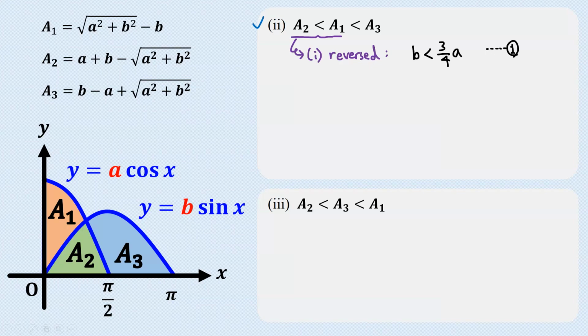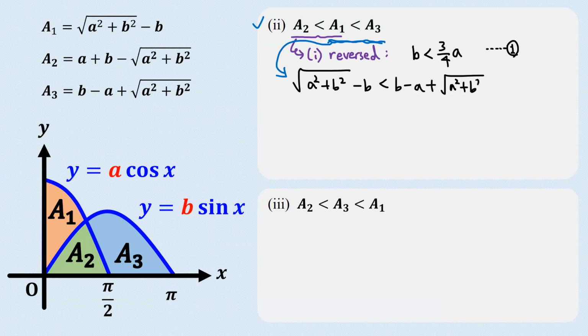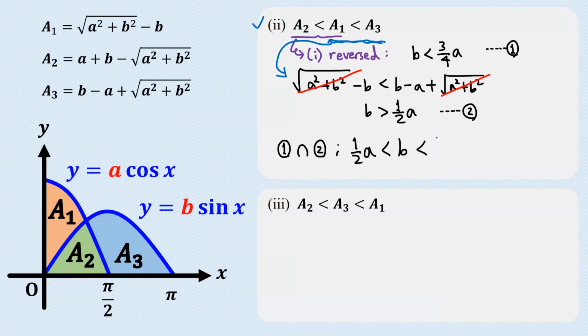So we have this, and now for the condition of A1 being less than A3, which means square root of a squared plus b squared minus b is less than b minus a plus square root of a squared plus b squared. So this term and this term cancel out. So we just have b is greater than 1 over 2a. And the common range between 1 and 2 gives b is greater than 1 over 2a and less than 3 over 4 a.